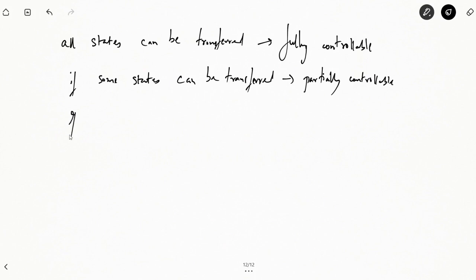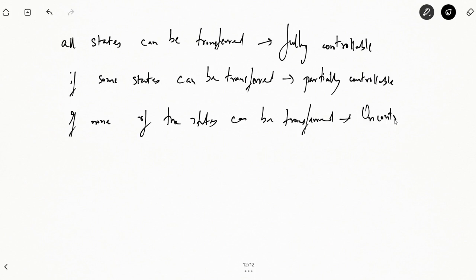And if none of the states can be transferred, then the system is said to be uncontrollable.